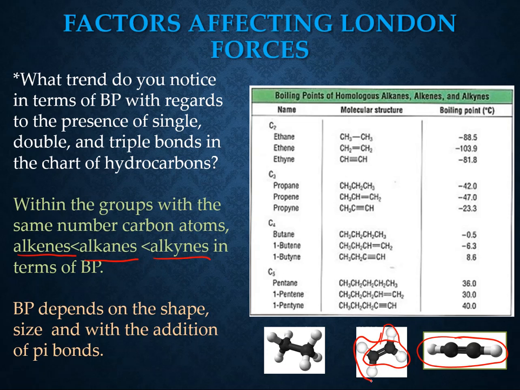Here's the other triangle, the trigonal planar ones. Branches it out, it's not as polarizable. And then of course these are the tetrahedral ones that are three-dimensional, which allows for a little bit more polarizability than the flat arrangement. So you could be presented data tables like this, and you'd have to be able to explain the differences between the strength of the forces based off of their boiling points.